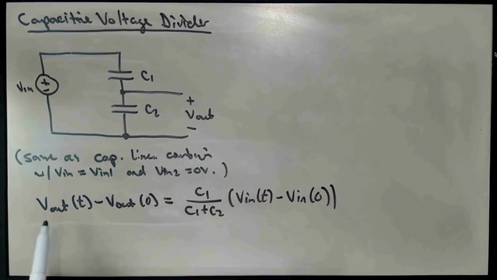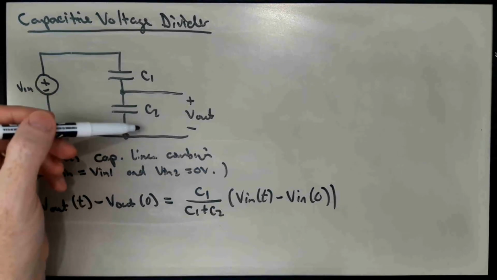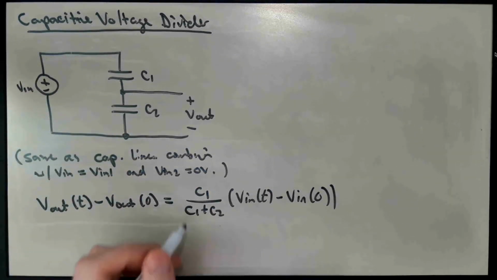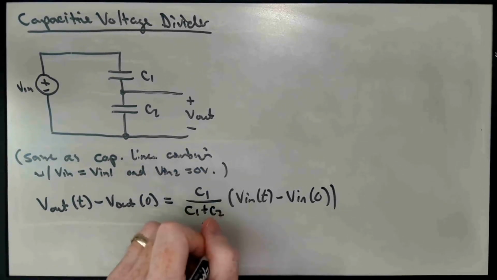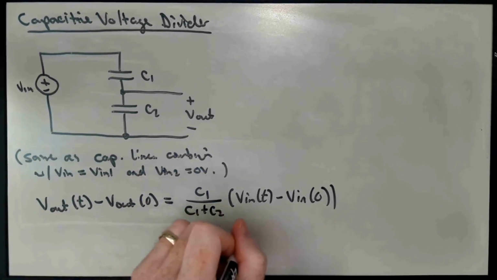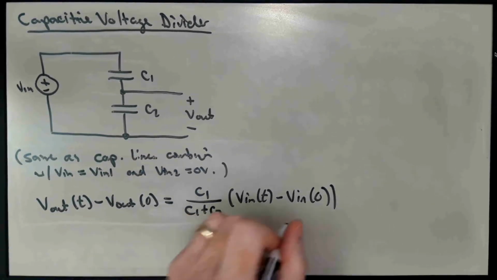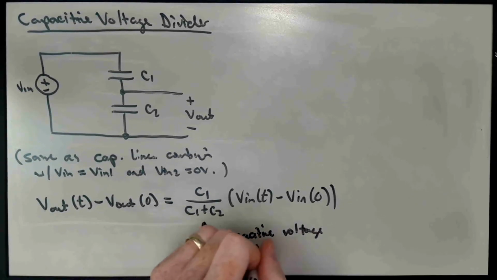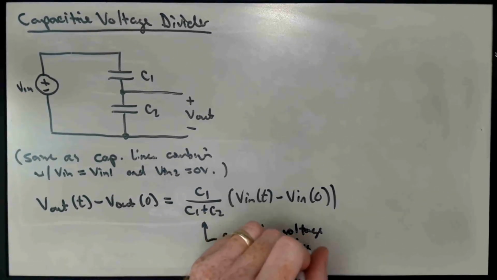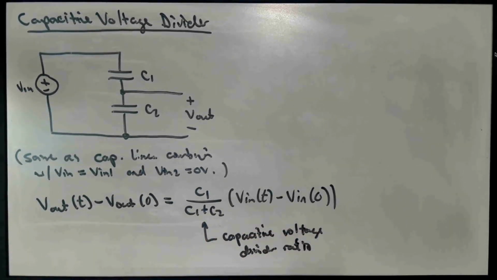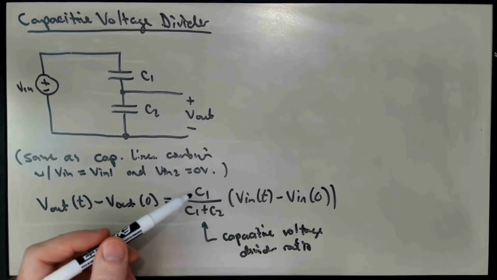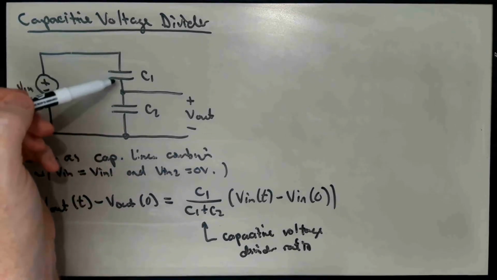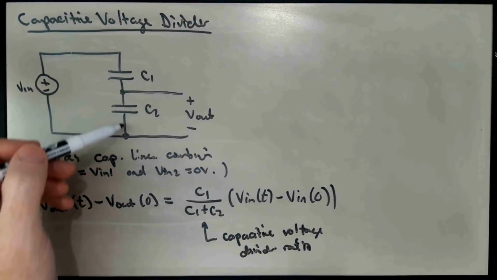So the change in the output voltage is going to be the same as the change in the input voltage times this parameter here, which is the so-called capacitive voltage divider ratio. And you'll notice here that instead of being like R2 over R1 plus R2, it's actually C1 over C1 plus C2.